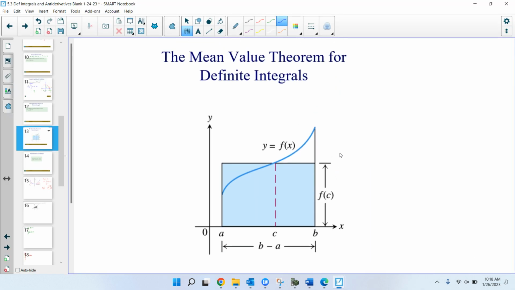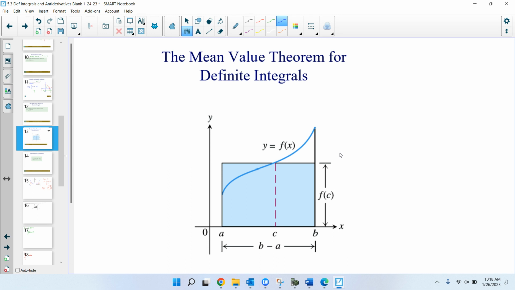All right. So quick little visual kind of recap of what we did on Tuesday. If you're talking about mean value, this line right here represents the average value of the blue function. We're going to keep reiterating this with velocity and time.